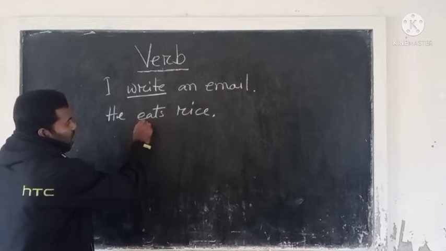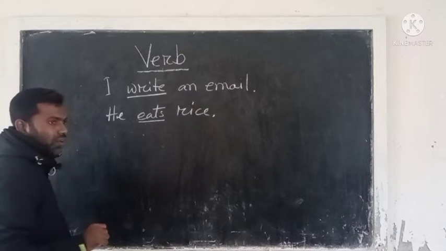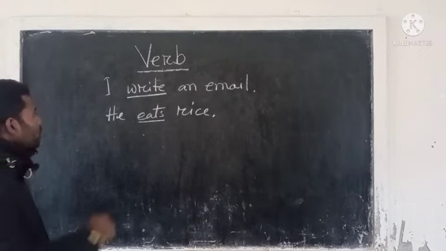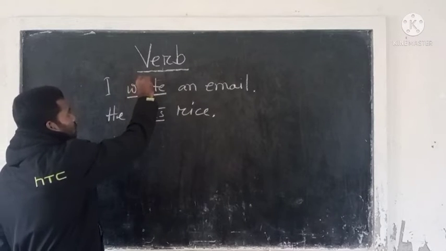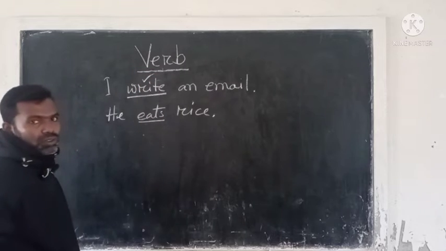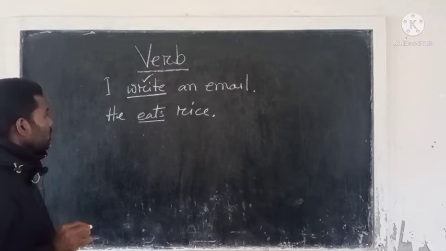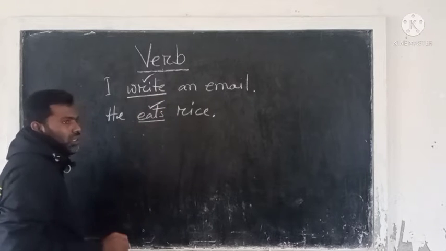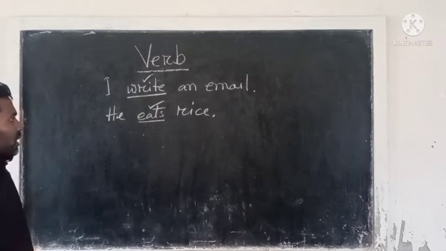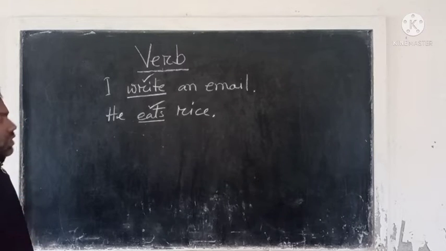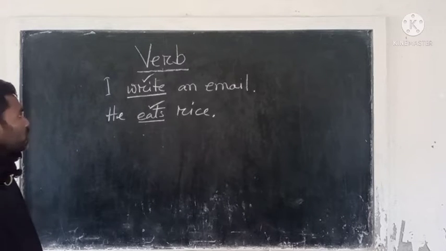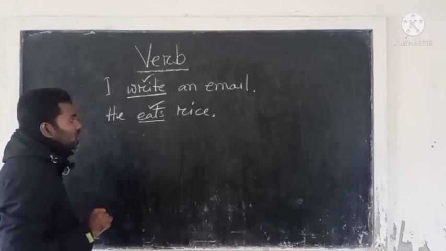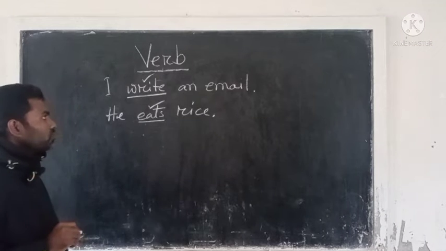In this sentence, eats is a verb. By this word write, we mean to do something, and by this word eats, we mean the activity of eating. So these two words are called verb.